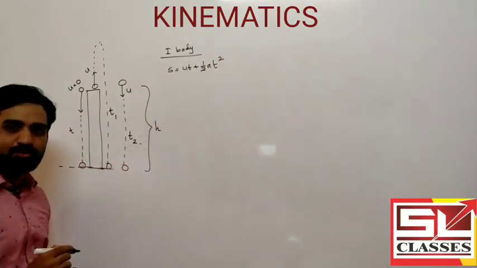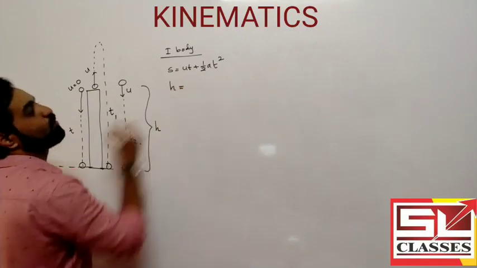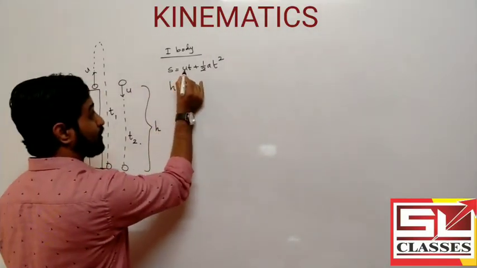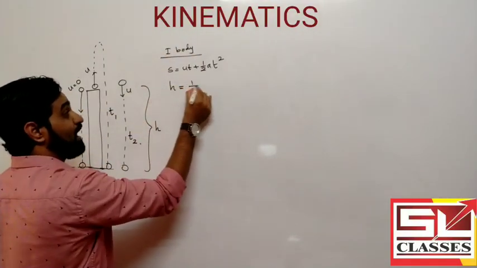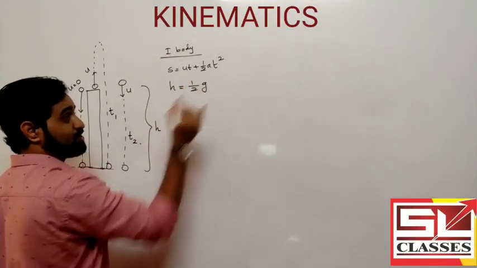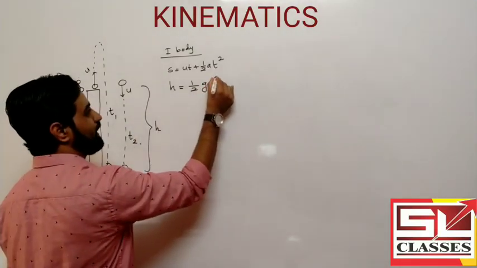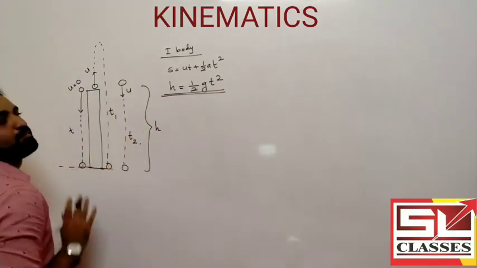This is an equation, you know that. And for s, the displacement is h, equal to, for the first body initial velocity is 0, so 0 into t, we can omit that term. Then half a, that is acceleration due to gravity g, and t is given t only, so h equal to half gt square. Let it be there.